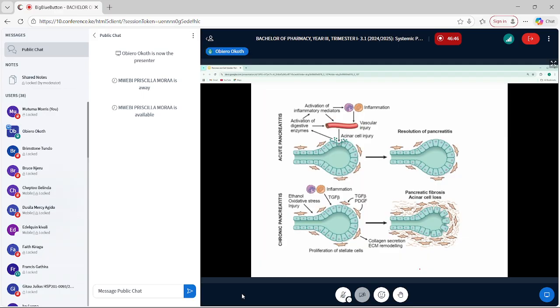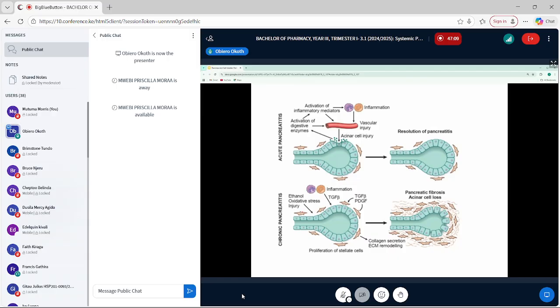So in acute pancreatitis, you get more of acute inflammation. Yes, the activation of digestive enzymes, you have acinar injury, you have vascular injury, you have acute inflammation. If you stop the drinking or stop the injury, you can have some resolution.